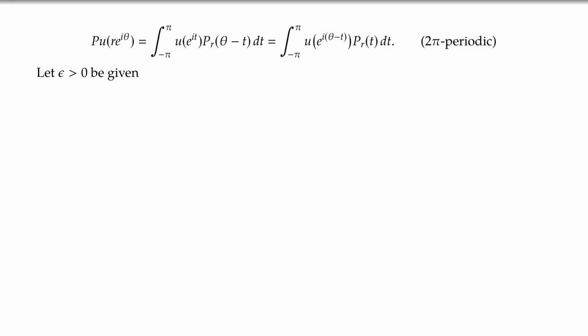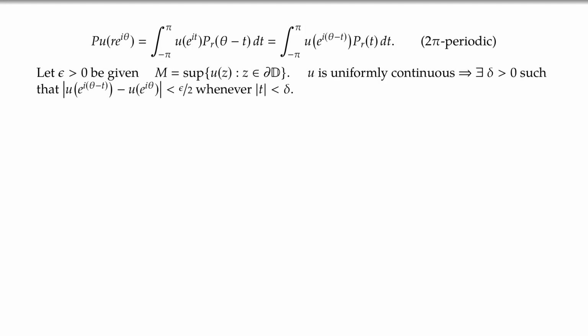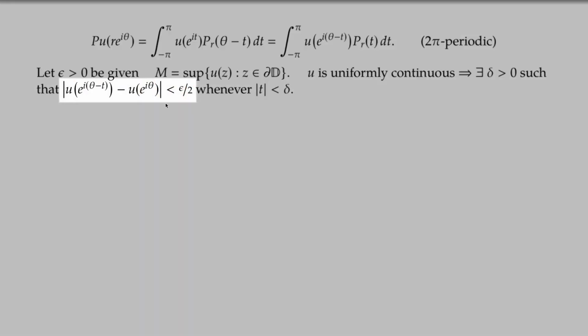All right, so let epsilon be given and let M be the supremum of u on the circle. u is uniformly continuous as a function on the circle. I mean, the circle is compact, so u is uniformly continuous. And so there exists a delta such that we get the following estimate.